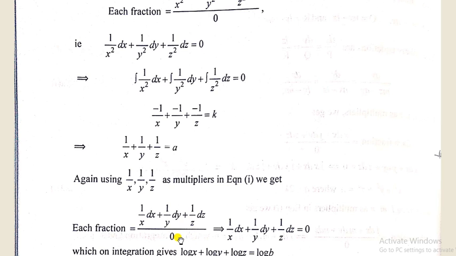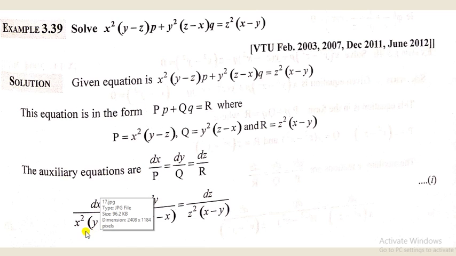Our denominator term becomes 0, because if you multiply the first term in the denominator by 1 by x, x square divided by x, x and x square cancel out, and then multiply this whole bracket by x, we get xy minus xz. Similarly for the second term, multiplying by 1 by y, y square and y cancel out, then we get yz and yx.